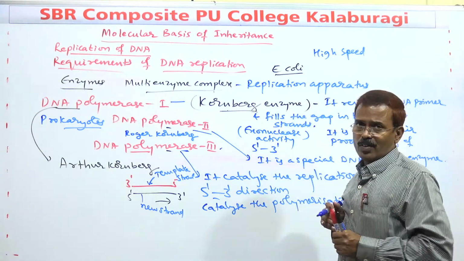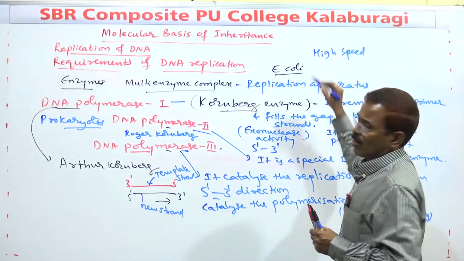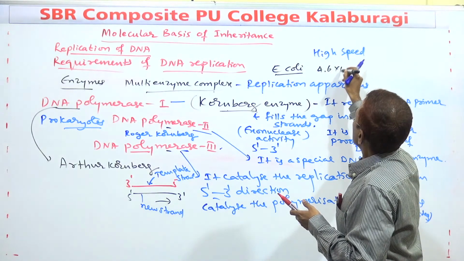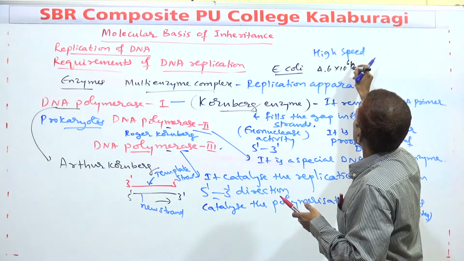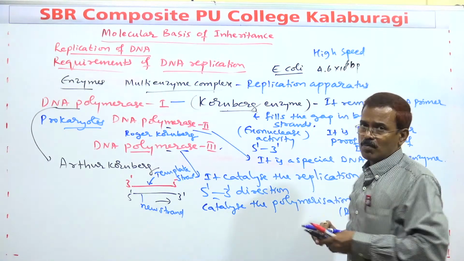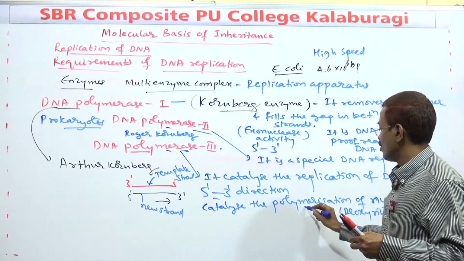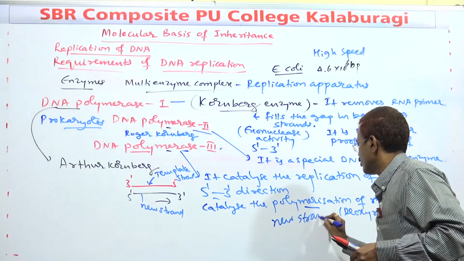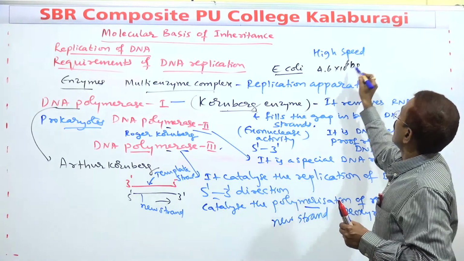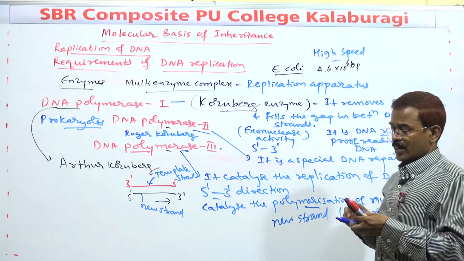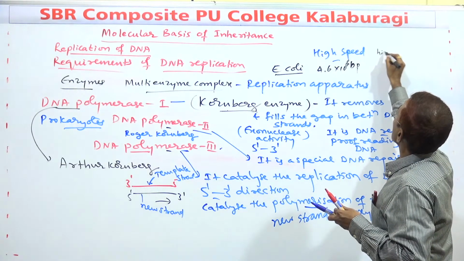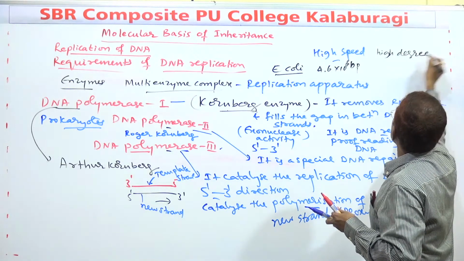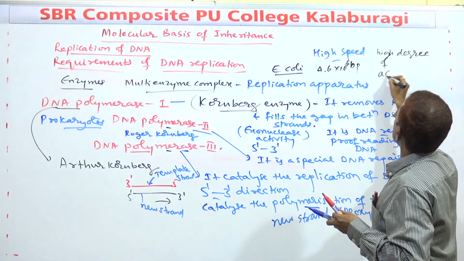E. coli has 4.6 into 10 to the power 6 base pairs. A large number of base pairs have to be polymerized to synthesize a new strand of DNA. So they have high speed and a high degree of accuracy.